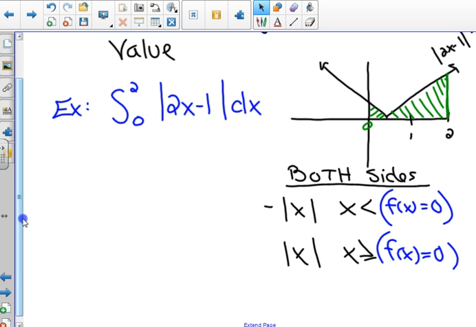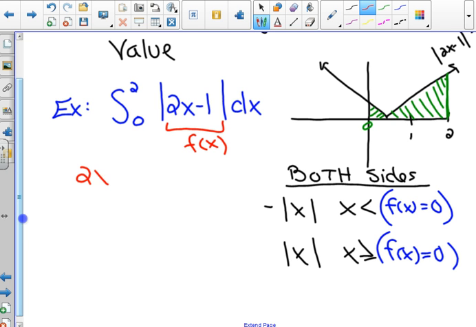What I mean by this, because it looks a little funky: what are we even talking about with this f of x equals 0? What you're going to put in this blue spot is, when you go up to your original, this right here is your f of x. If I take that f of x, 2x minus 1, and set it equal to 0, what would we get for x? Good, 1/2.